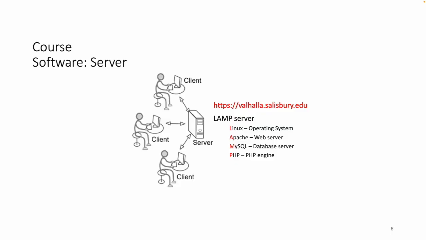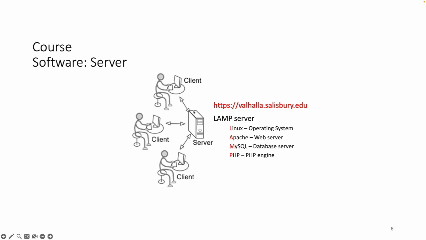The name of the server we installed here is called Valhalla. So to access the server in your browser, you will use this unique URL address. And since we are going to use a secure connection, the connection type is HTTPS. This is the URL address to access the server.